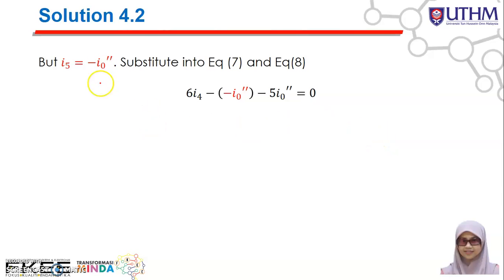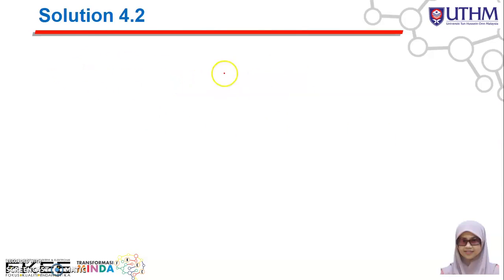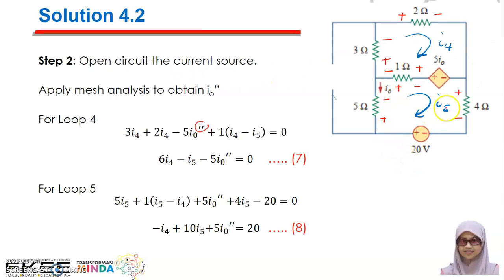And then based on the circuit, you know that i5 will be equal to negative i0 double prime. So here you have i5, which will be in this direction, and i0 in this direction. So that's why i5 will be equal to negative i0 double prime.